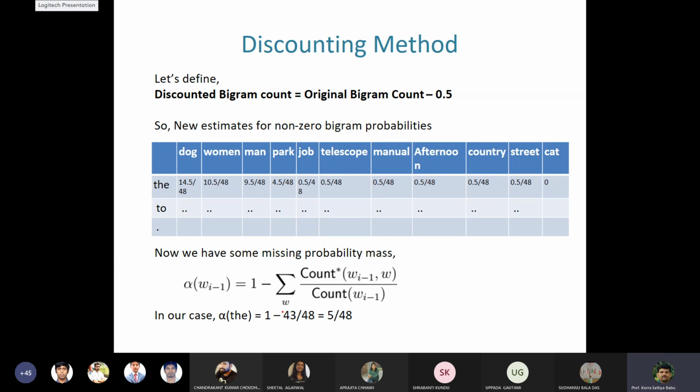Here, if you see, the total is 43, maybe 14.5, and everything is 43 divided by 48, so the missing mass equals 5 by 48. This 5 by 48 is what has been discounted, and it can be assigned to all the zero bigrams.